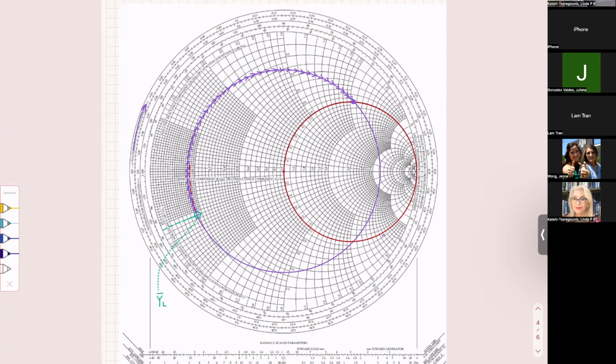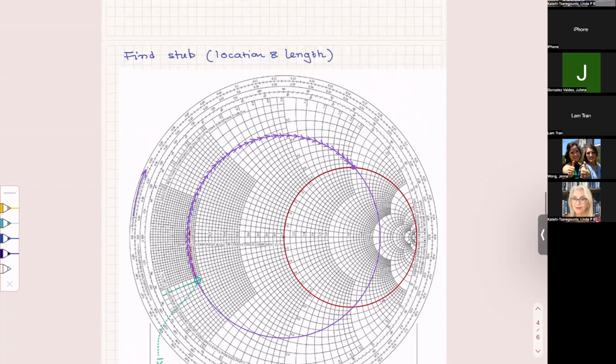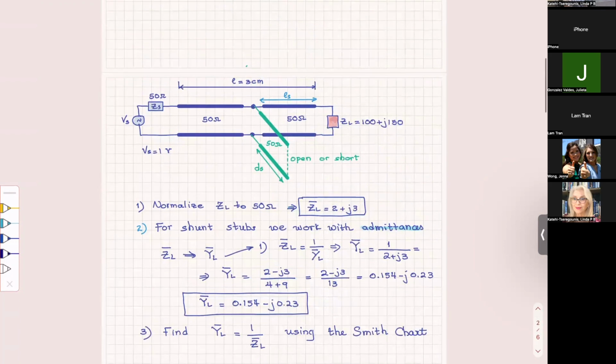Well, we do that because after you add the stub, when you are at this point, if you have been able to create a perfect match, the total input admittance here is gonna be normalized.